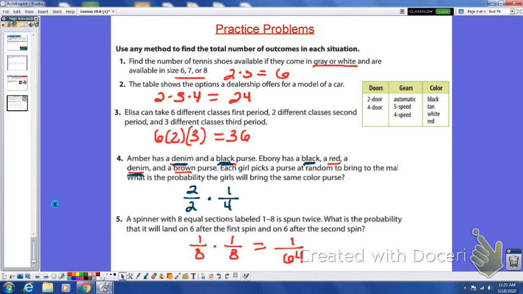So if I take 2 over 2 times 1/4, keeping in mind 2 over 2 is the same as 1, so 1 times 1/4, they have a 1 out of 4 chance of taking the same purse to the mall. For that one, you had to realize that it didn't matter what purse Amber picked. We're really just looking at what Ebony was picking.